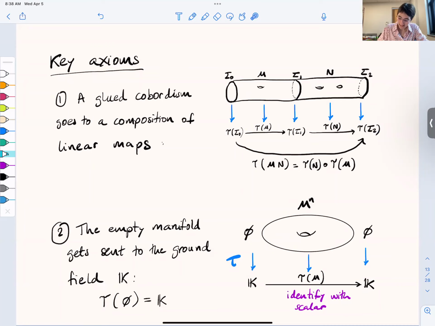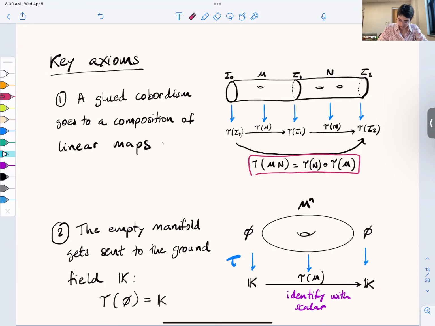I mean that taking the functor on the whole composed cobordism gives you the same map as first taking the first linear map and then composing with the next linear map. So essentially, the axiom can be summarized in this line here, which tells you the functor behaves well with respect to composition. So that's one important axiom.